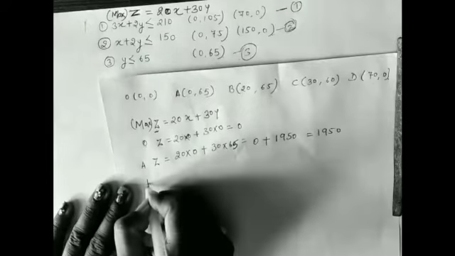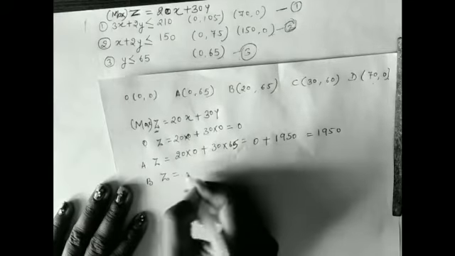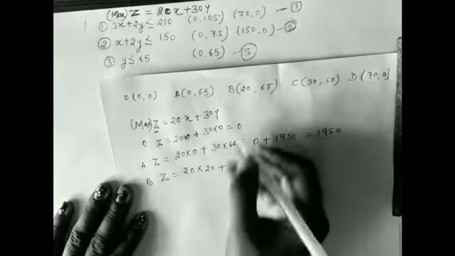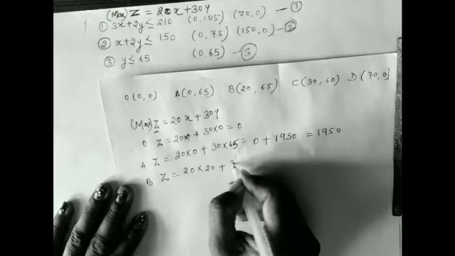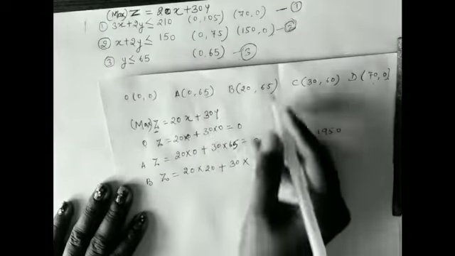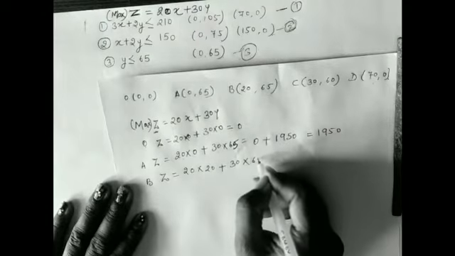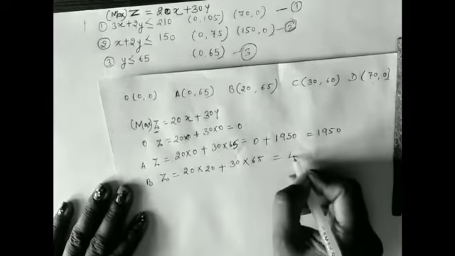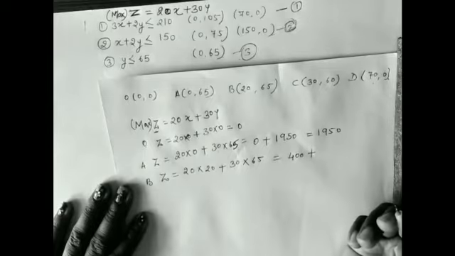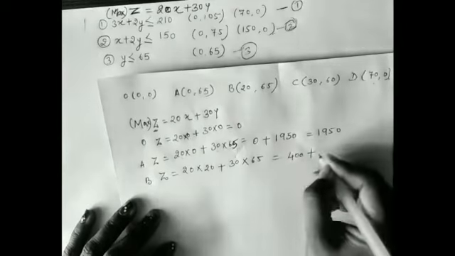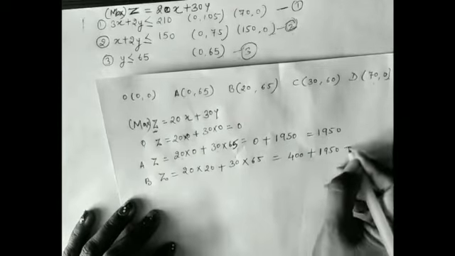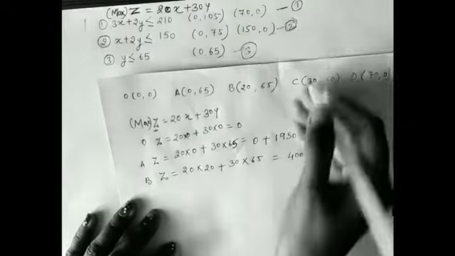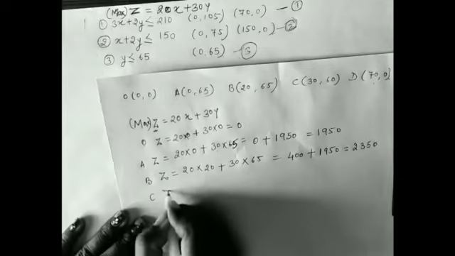Now checking for point B, z equals 20 into, here x is 20, plus 30 into, here y is 65. So this is equal to 400 plus 1950, and this is equal to 2350.